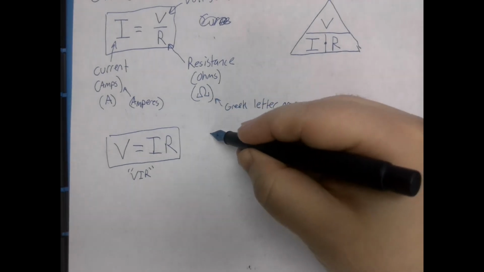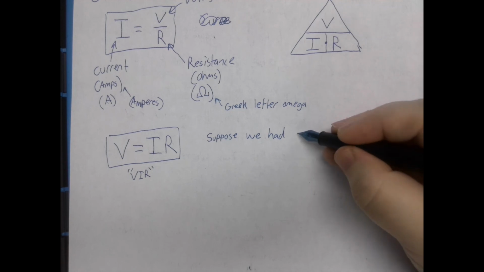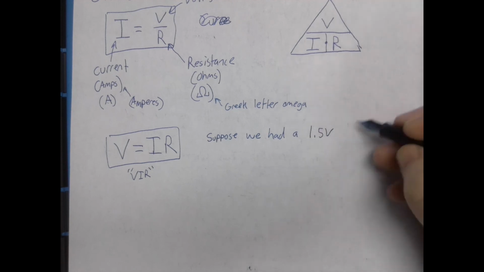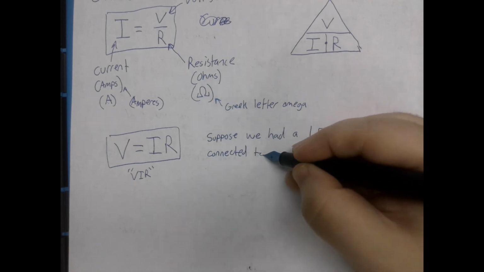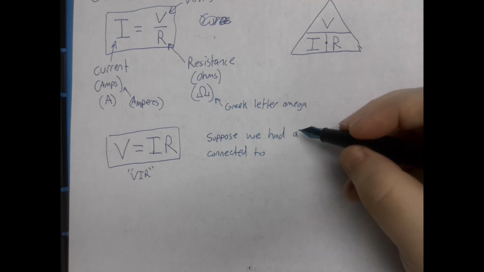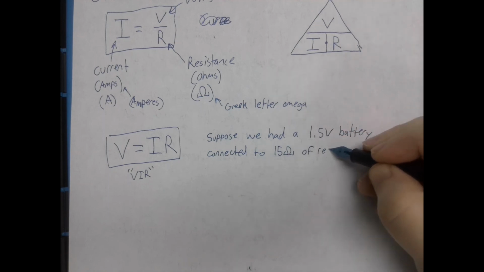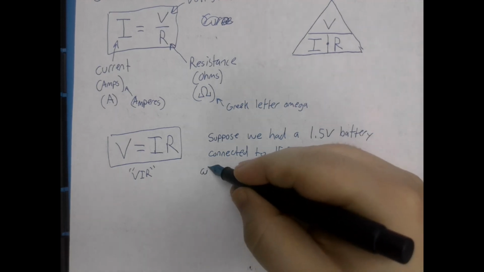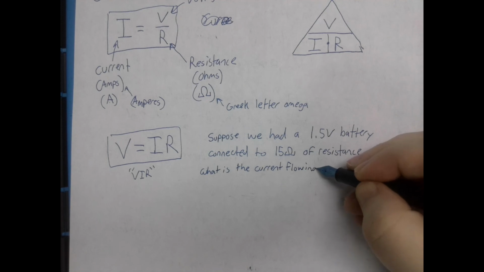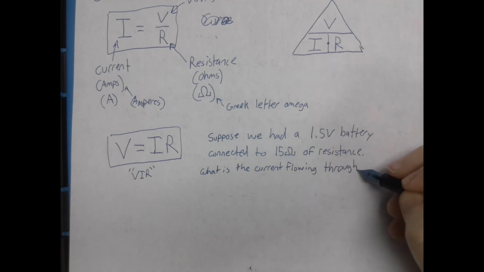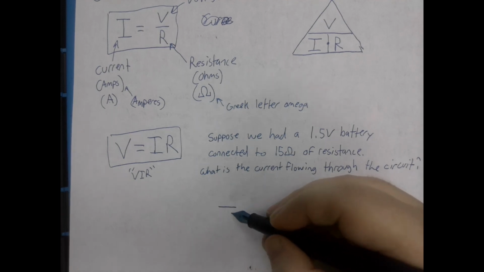So let's say, suppose we had a 1.5 volt battery connected to 15 ohms of resistance. What is the current flowing through the circuit? So I could draw this circuit like this.